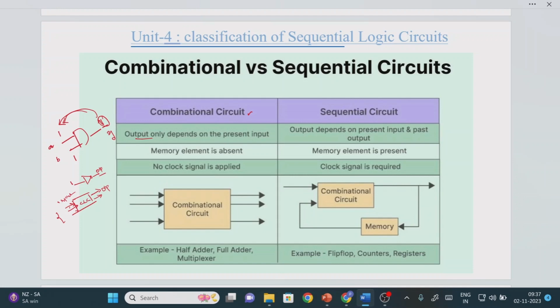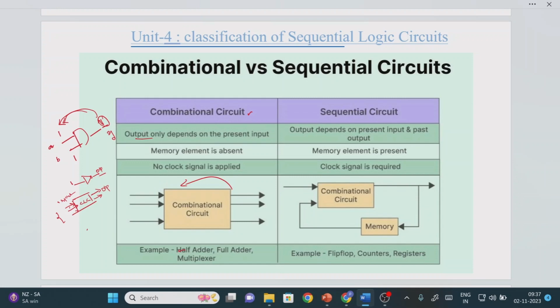So what is the definition of this? A circuit where the output completely depends upon the input value is called a combinational logic circuit. Examples of combinational logic circuits are adders, of which we have two types, half adder and full adder.